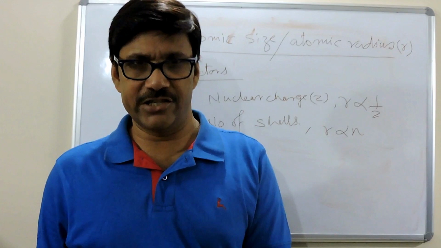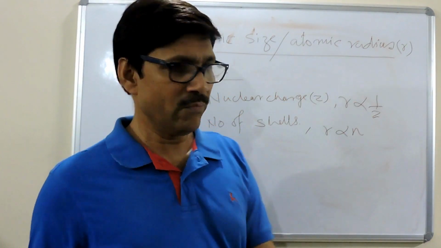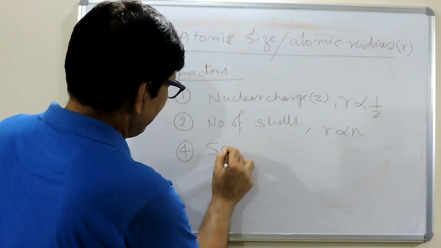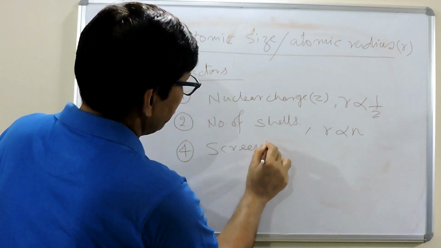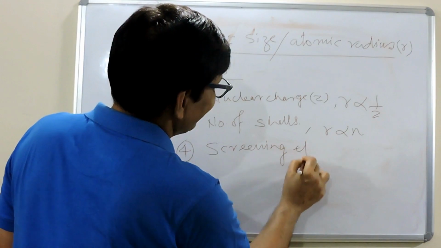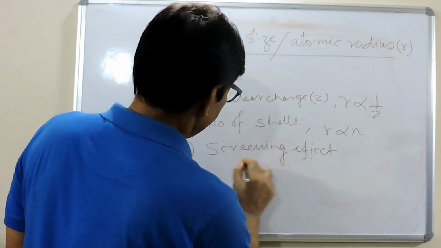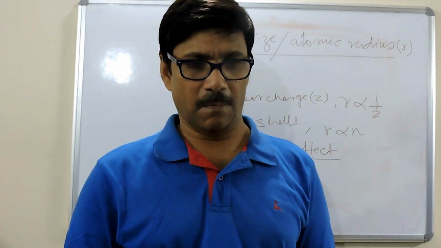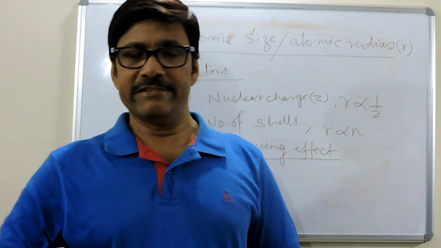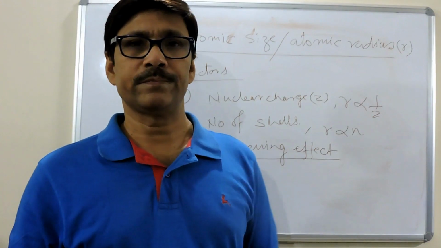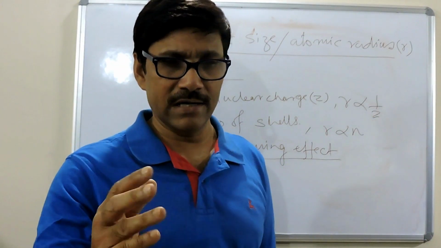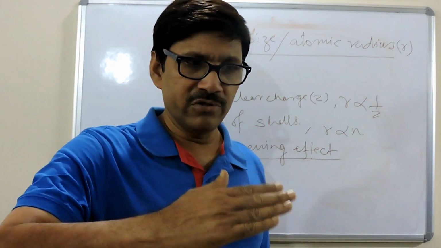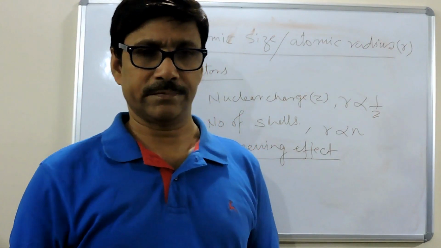And the third factor, it is a little new for you, is called screening effect. Now what is the meaning of screening effect? It's a very simple example I am giving you. When you are in lower classes, your class teacher used to give you sitting arrangement according to height.